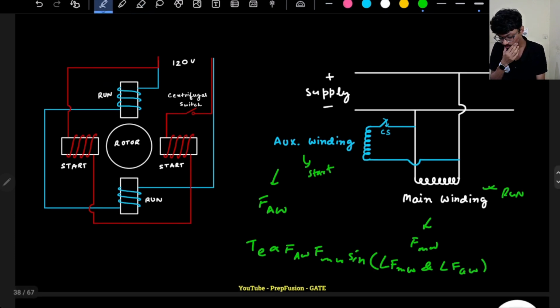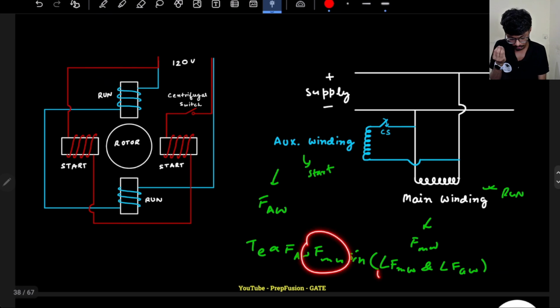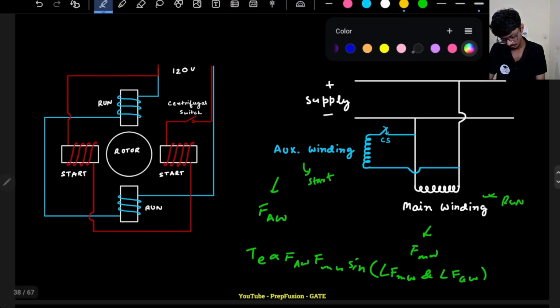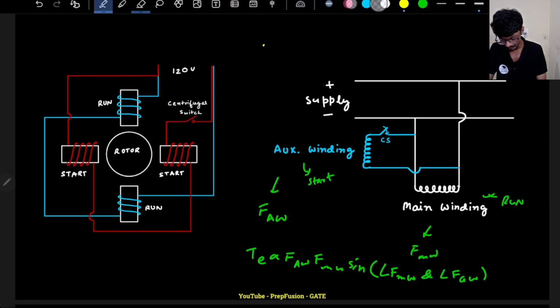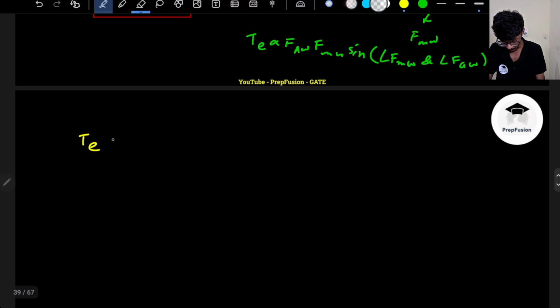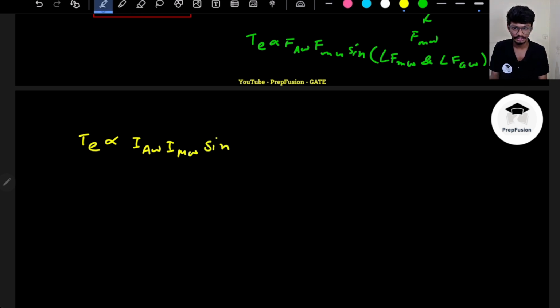Okay, so the thing is, mmf is proportional to current. So it means that my developed torque will be proportional to the main winding current, the auxiliary winding current, and the sine of the angle between them. Let's assume my voltage is around here, this is my reference.